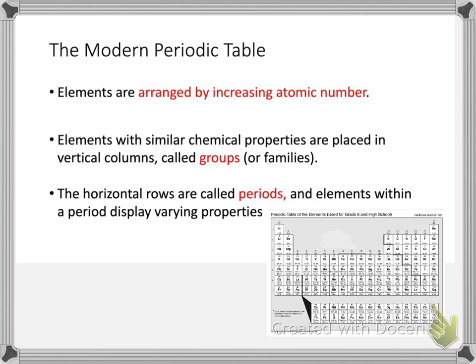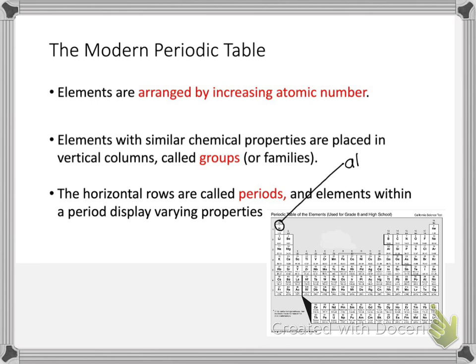So I want to remind us that the periodic table is organized by increasing atomic number. The location of the atomic number in the element symbol box is not a set place. It could be in the upper right-hand corner, the upper left-hand corner, or like on this periodic table, they put the atomic number above the element symbol, like right there above the H is the number 1.